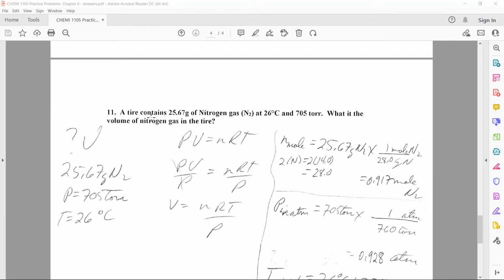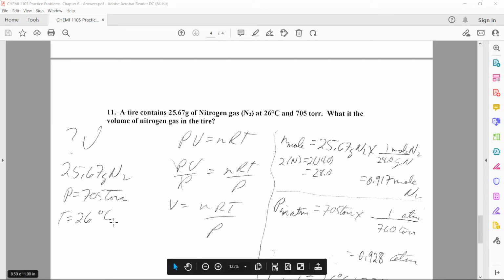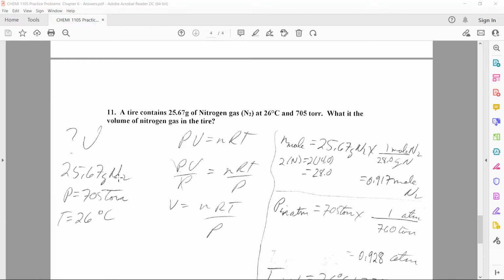So what are we being asked to find? A volume. We're given the weight of the nitrogen, the pressure in torr, and the temperature of the gas in the tire. And notice this only deals with pressure, grams, volume, and temperature.